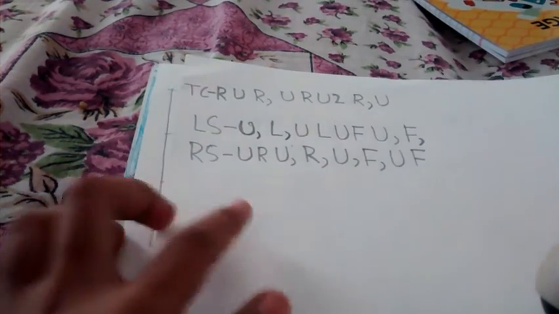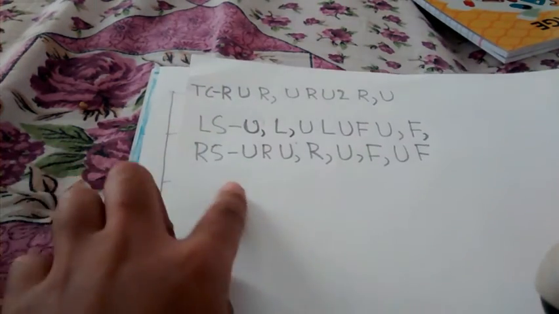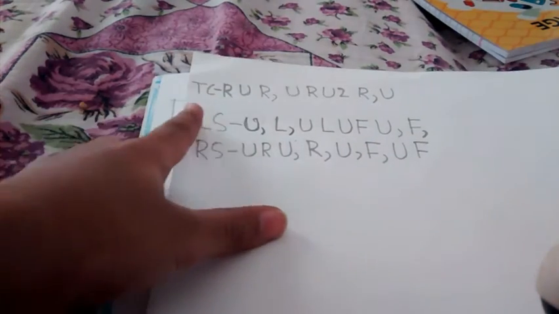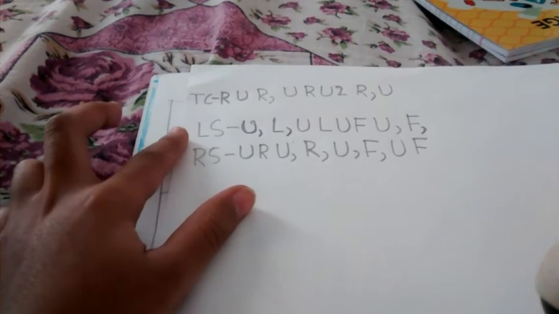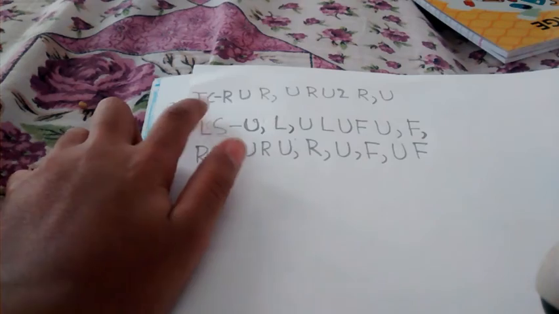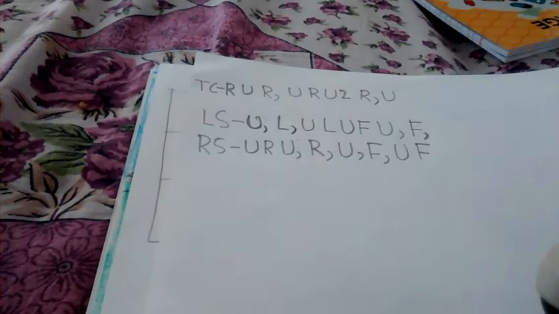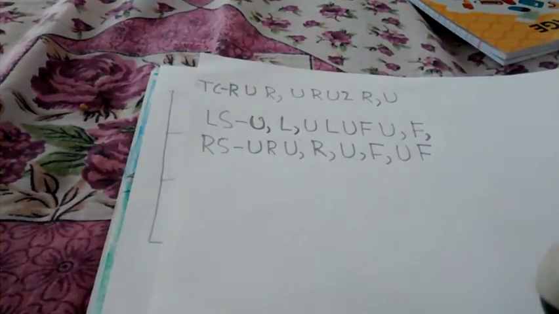You already know the left side formula and this is the right side formula. Here TC means top corner formula. I know you have written this, so today you have to write this for understanding.